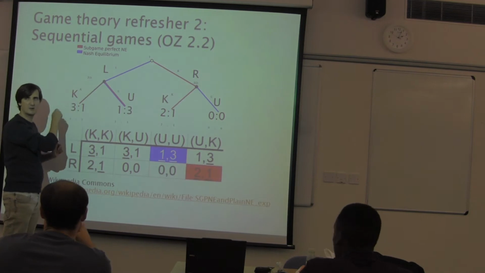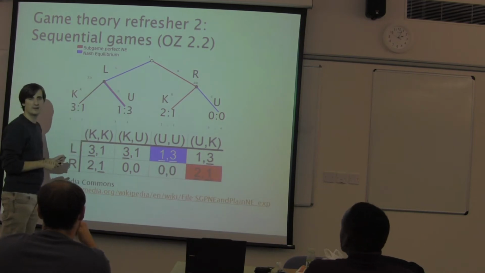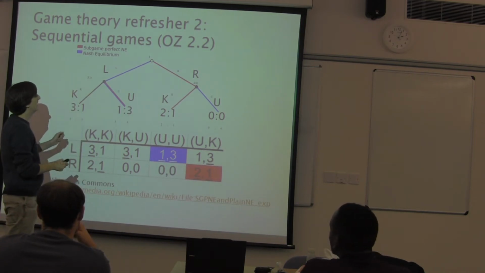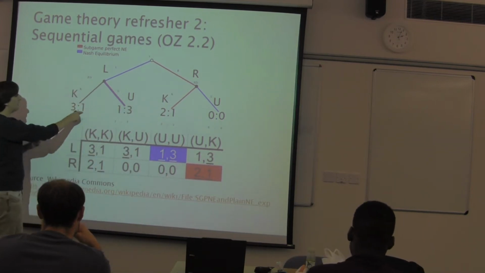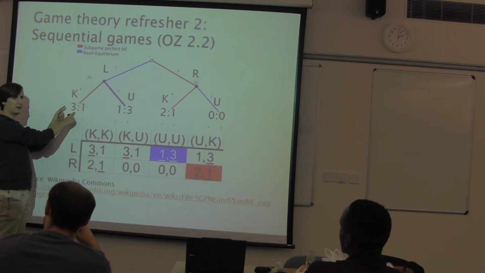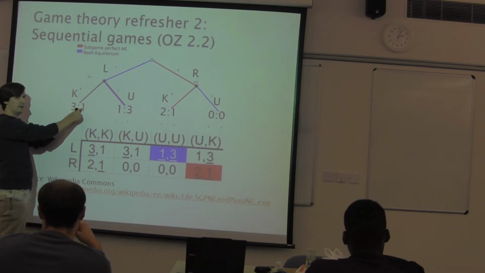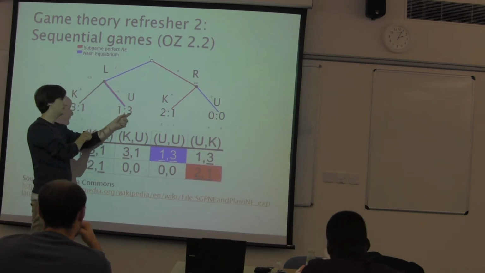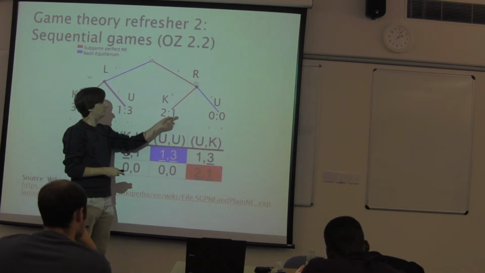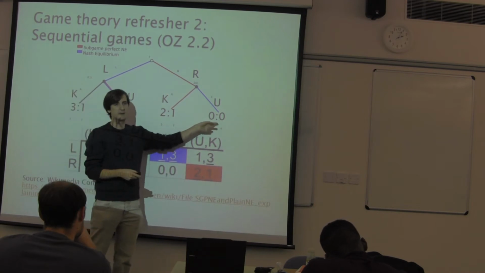Player 2 then gets to choose K or U. The payoffs are given along the bottom. So 3-1 means that if you get to this point, player 1 gets 3, player 2 gets 1. Here player 1 gets 1, player 2 gets 3, player 1 gets 2, player 2 gets 1, both of them get nothing.